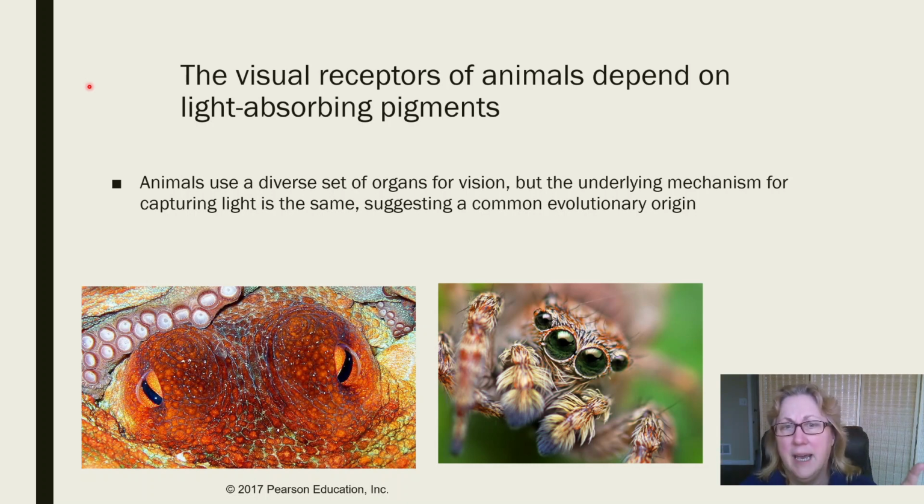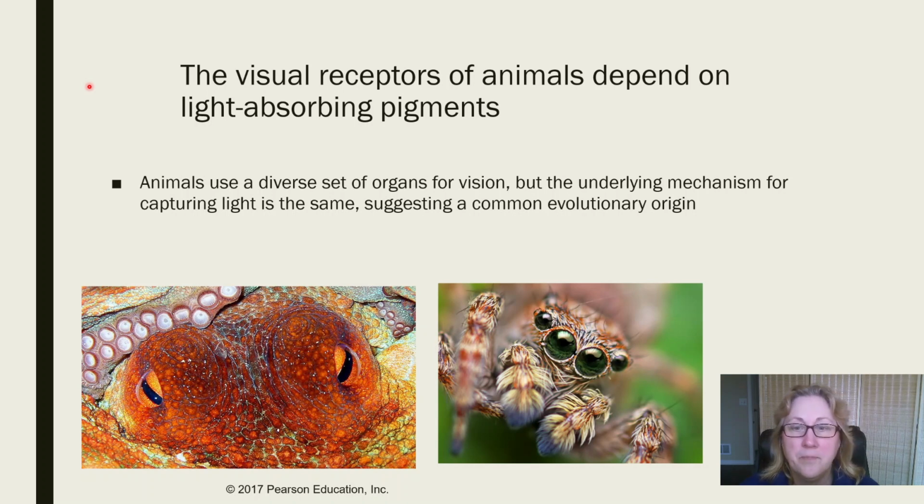The simplest eye is just a little spot of photoreceptor cells that can simply tell it's dark or it's light. And the most complex kind of eyes can form focused images in the brain, and we're not the only animals that have that.